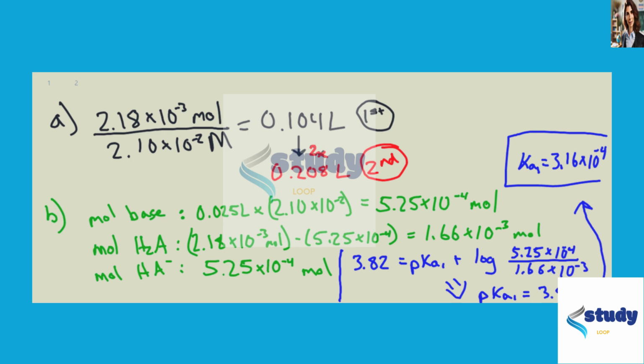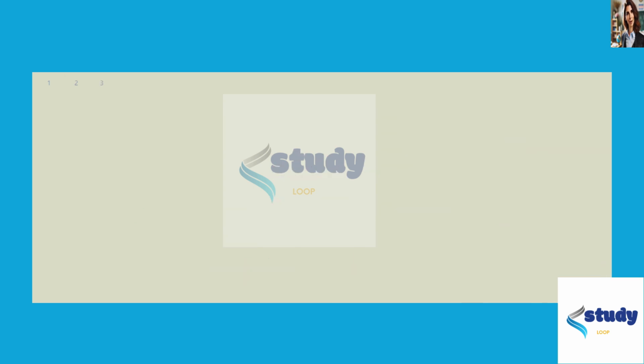So now for part C, they ask us to look at 20 milliliters past the first equivalence point with a pH of 8.25 and calculate the Ka2. So once again, we need to calculate the moles of base first. So we know we're 20 milliliters past the equivalence point, so 0.02 liters.